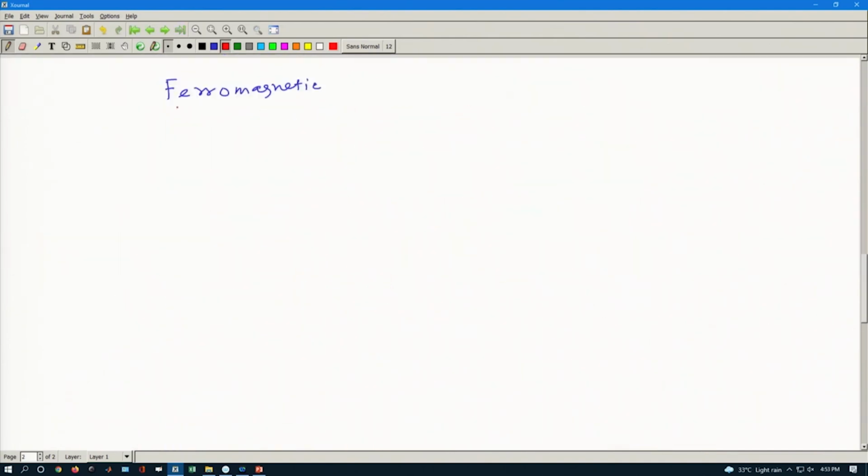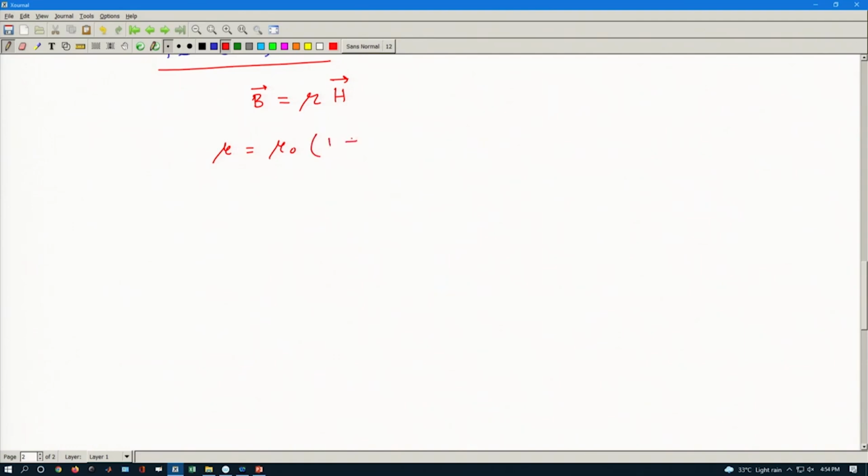So, for a ferromagnetic material, what happens? B, we know, I can write as mu H. This is the relationship between B and H, where mu I can write as mu 0 times 1 plus the magnetic susceptibility chi m. Okay.